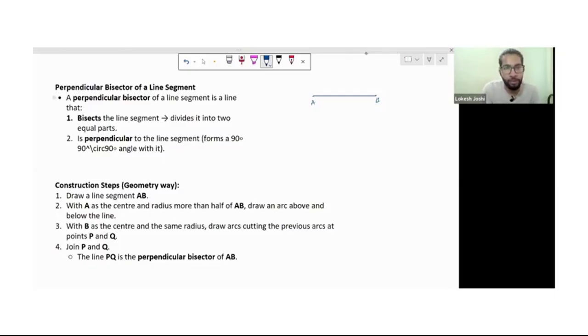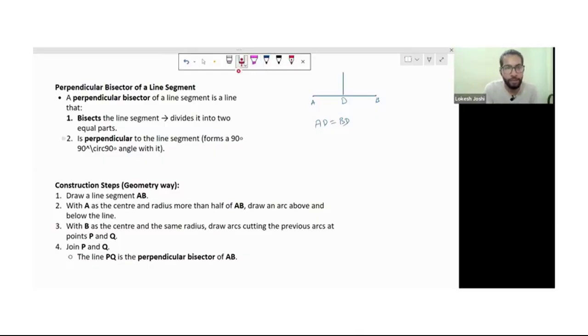A perpendicular bisector of a line segment is a line that bisects the line segment. Suppose I have drawn a perpendicular bisector like that, and it's intersecting the line AB at point D. Then there is a condition that AD is equal to BD. That's about the bisector.